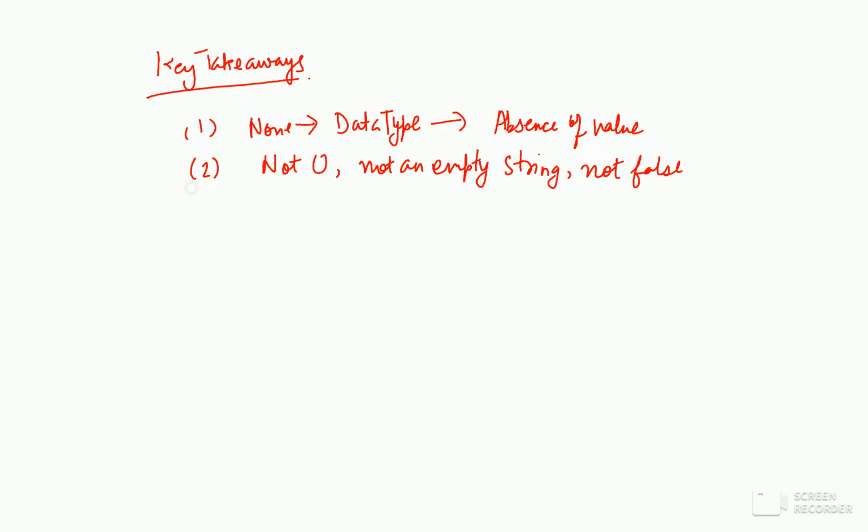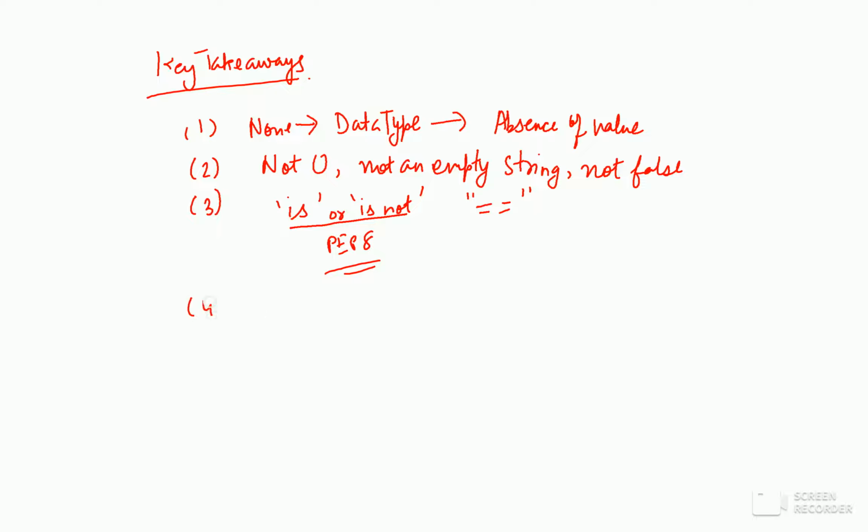Then the third point is always check for None using is or is not, but not the double equals operator, because that's the correct Python style and it is recommended by PEP 8.